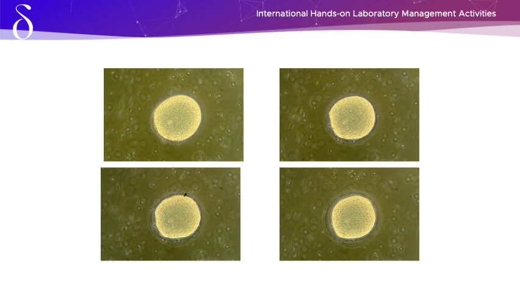So the top left shows the moment of fertilization in the sea urchin. The sperm is actually hitting the egg. The successful sperm is on the lower left. Now, if you go to the frame top right, you can actually see the sperm.